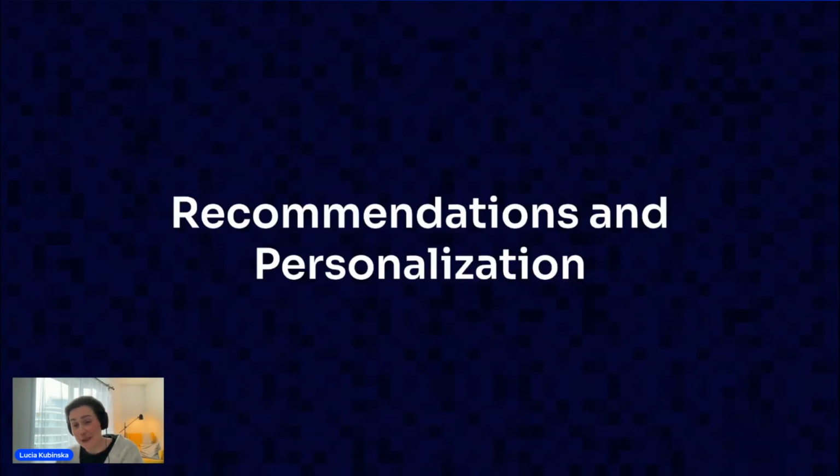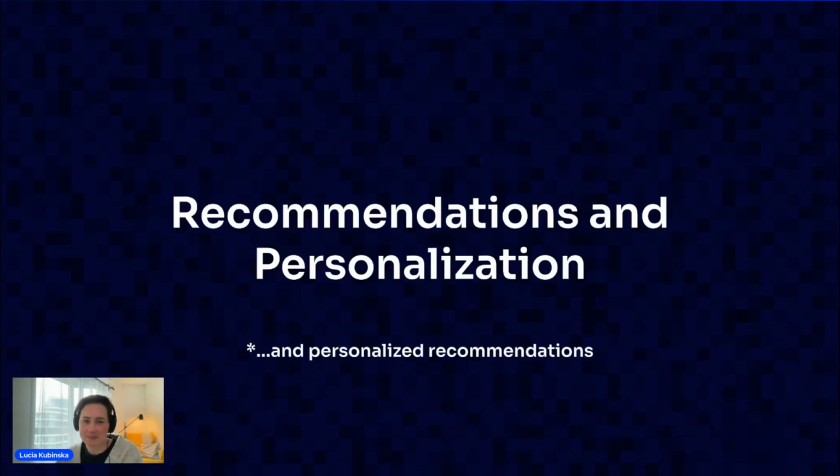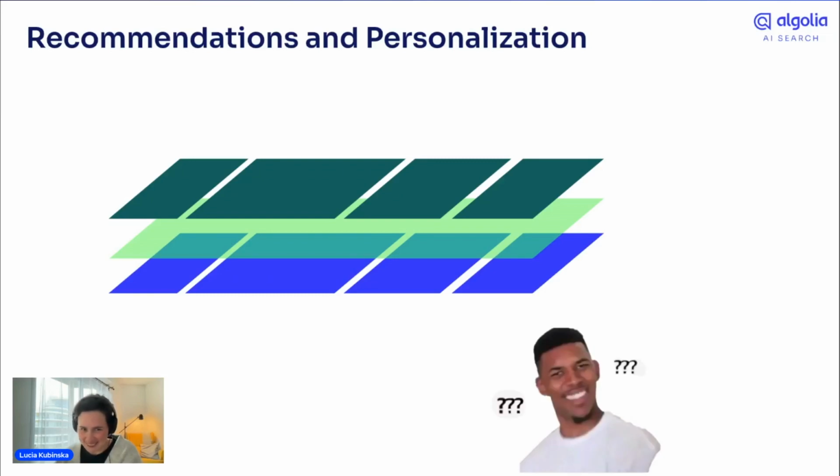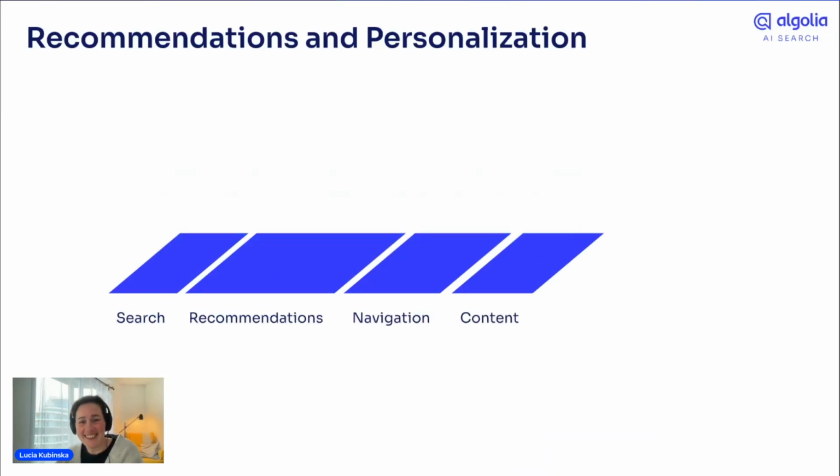Let's discuss recommendations and personalization, because oftentimes I've seen that these 2 words are used interchangeably, but in fact both require a different approach and could be used in different ways, but also together. I'll try to illustrate how you can think about these layers of relevance. Anyway, on a website or app, you may have a search functionality that purely relies on objective relevance.